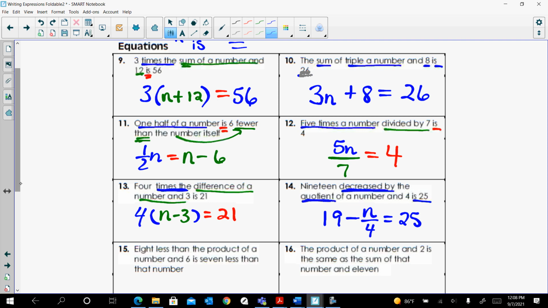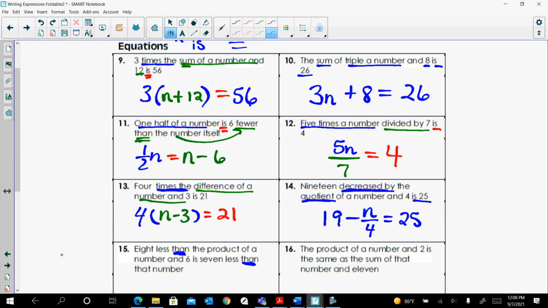All right, 8 less than the product of a number and 6 is 7 less than that number. Because you have that than right there, what does that indicate? If I see the word than or the word from, go back to the front. These are turnarounds, yeah.